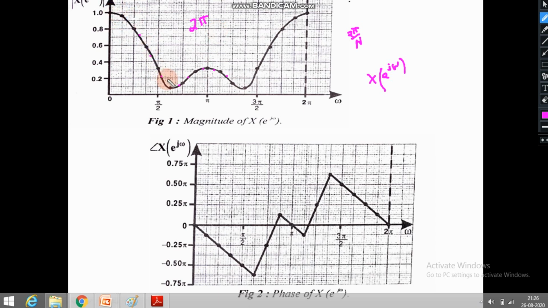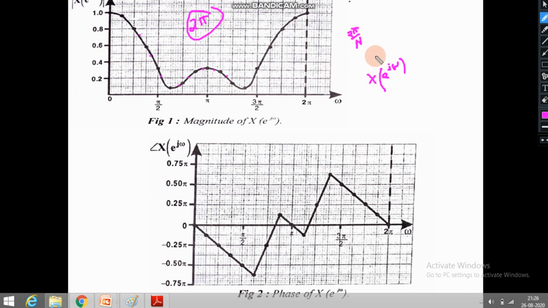Thus we have to sample this DTFT X of e raised to j omega at a finite number of sampling points for obtaining the DFT. Thus we have taken N number of samples over a period of 2 pi, and the sampling interval is given by 2 pi by N.